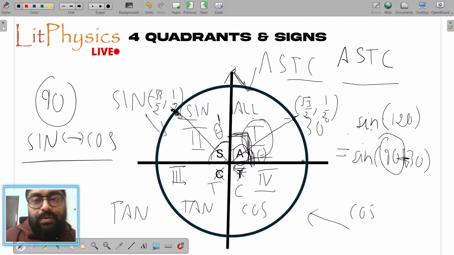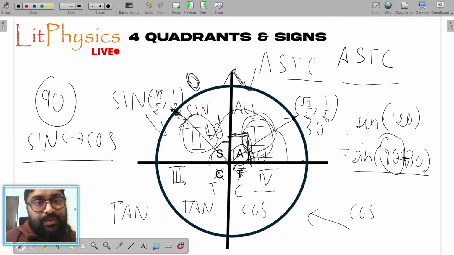Okay, so we were at sine 120. So sine 90 plus 30, right? Because it's 90, we have to switch between the signs. And as we switch, now 90 plus 30, we go from 30 degrees all the way to here. Now we are over here, in the second quadrant.